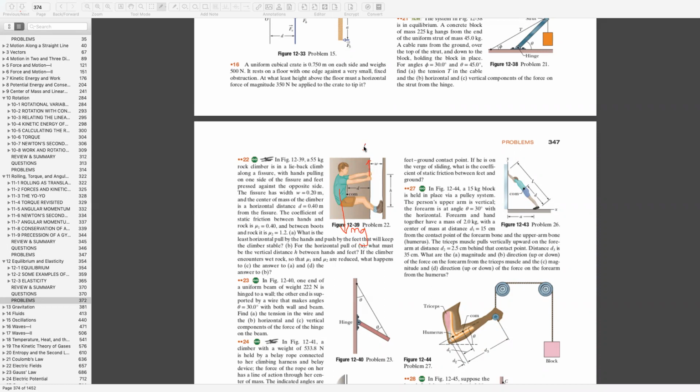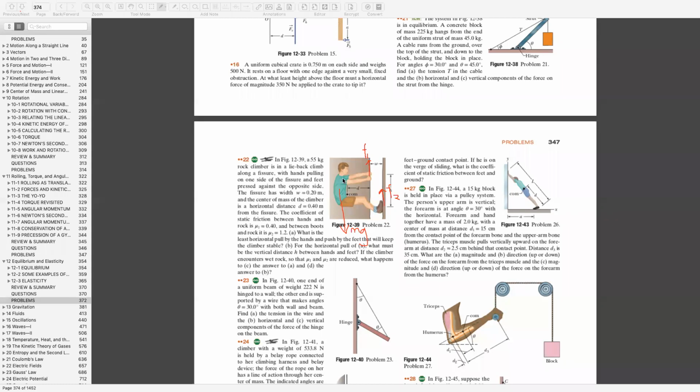Yeah, the static friction. Those are the only two things. So you set mg equal to the force of static friction 1 plus the force of static friction 2. Yeah, in the vertical direction, those forces cancel out to make him stable.